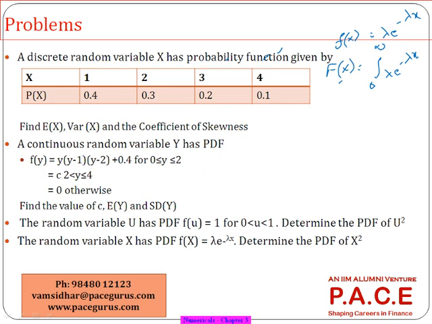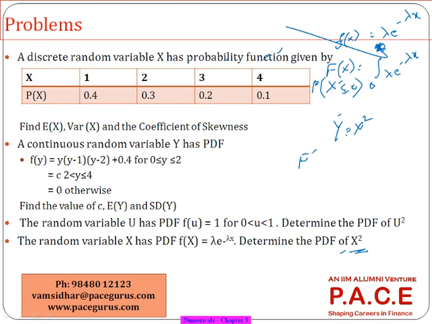Or probably 0 to x, not 0 to infinity, because 0 to infinity will give 1. So 0 to x of lambda e power minus lambda x is the cumulative distribution function of x. What does that mean? Capital F of x is nothing but probability of x less than or equal to some x. Right? Now going with this, assume y equal to x squared.